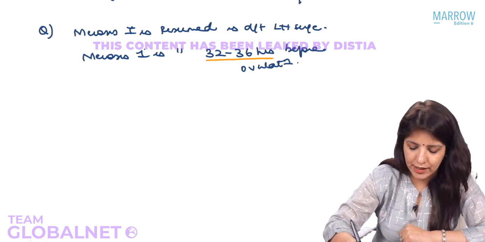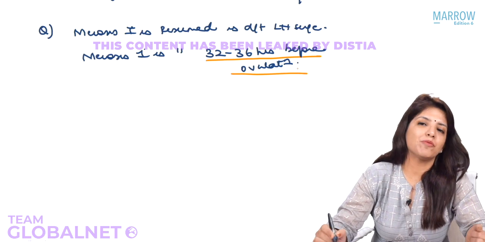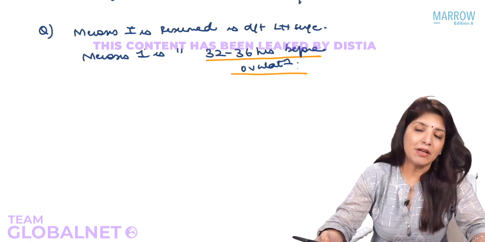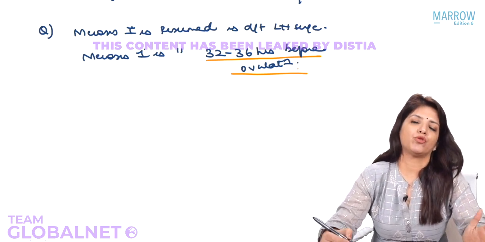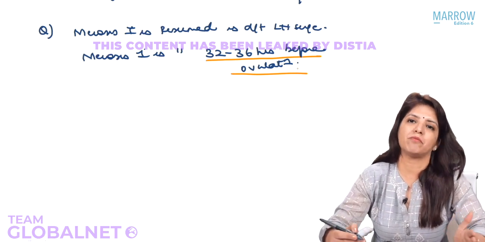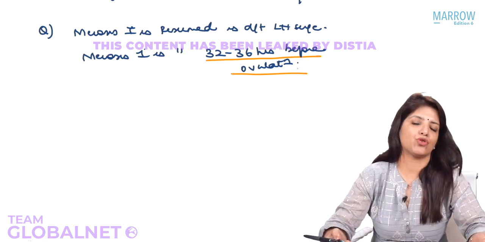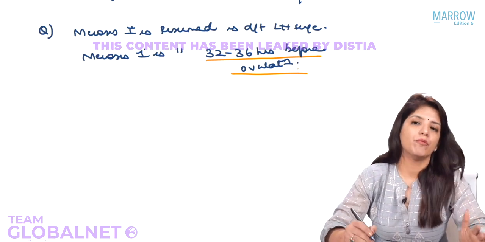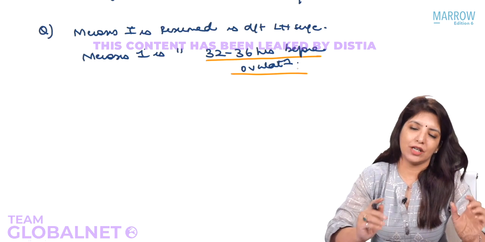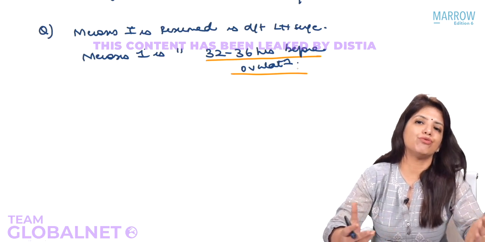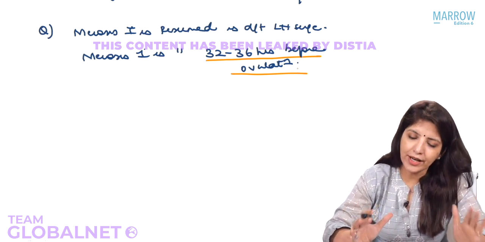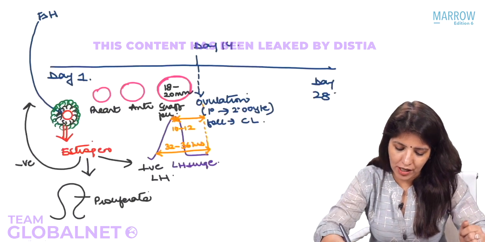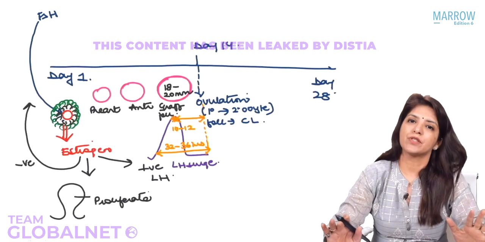Because LH surge happens 32 to 36 hours before ovulation. Right? Similarly, if I ask you, when can progesterone be earliest detected in a menstrual cycle? Earliest progesterone can be detected 32 to 36 hours before ovulation, because earliest progesterone is produced due to LH surge. Right? So this was the first half of the menstrual cycle.